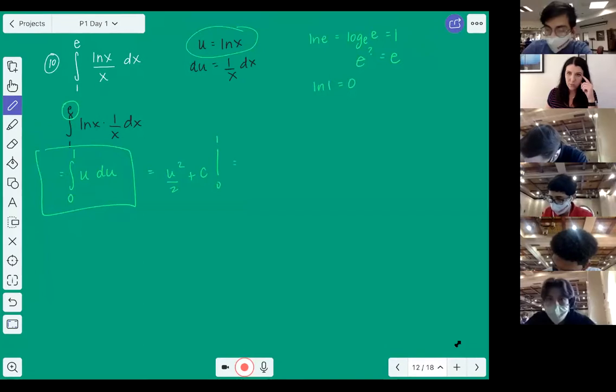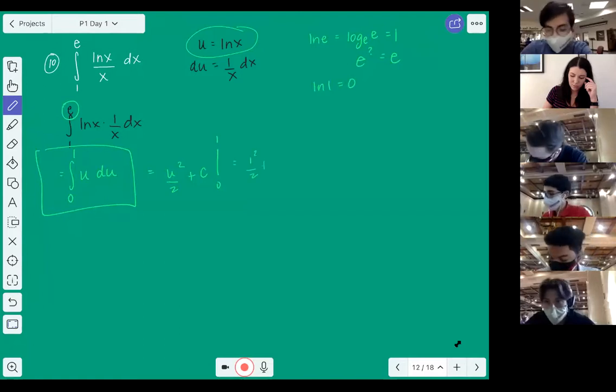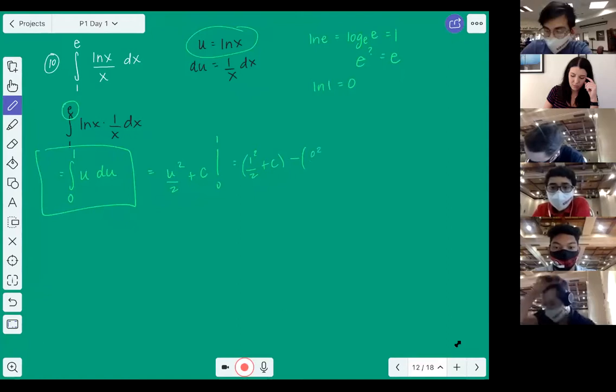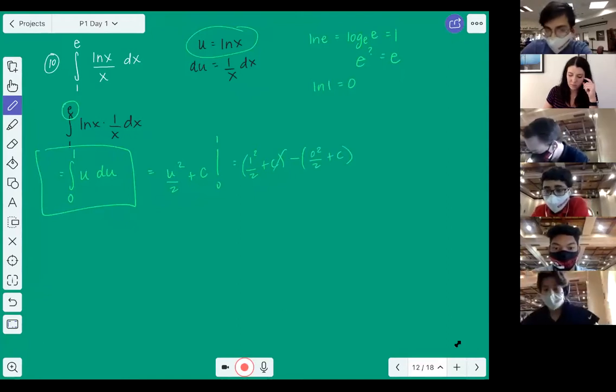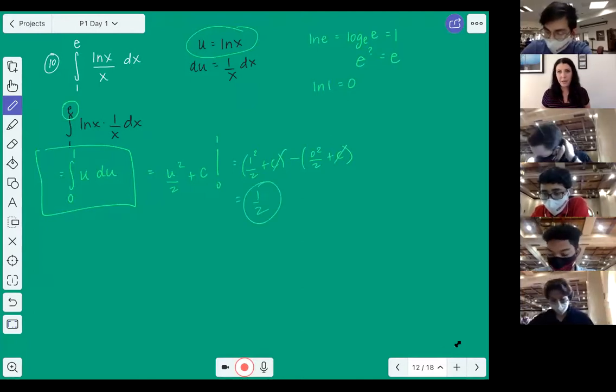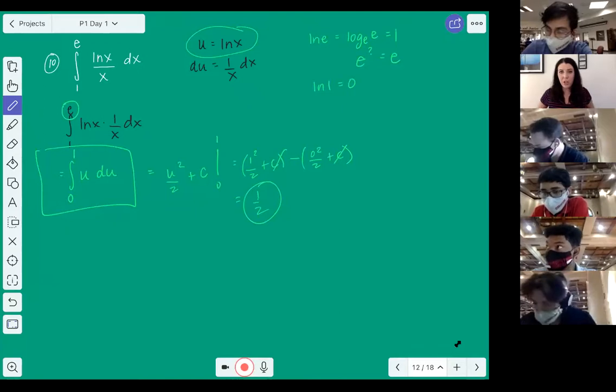And then you'd plug the 1 in. So you get 1 squared over 2 plus c minus parentheses 0 squared over 2 plus c. And the c's cancel out and you're left with just 1/2. Perfect job. Exactly right.